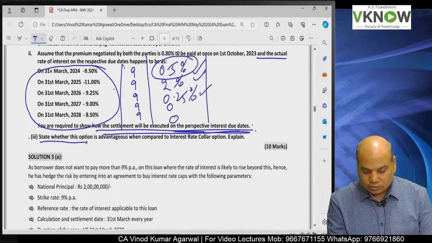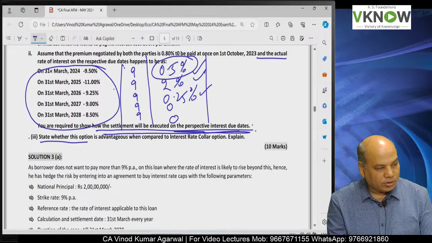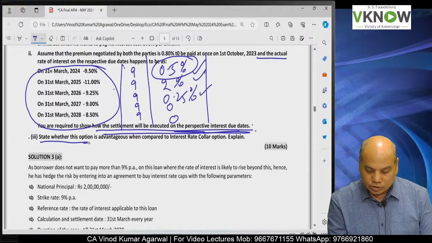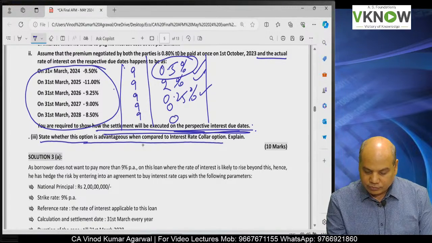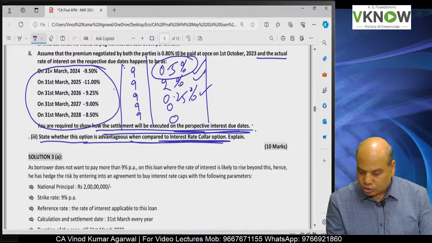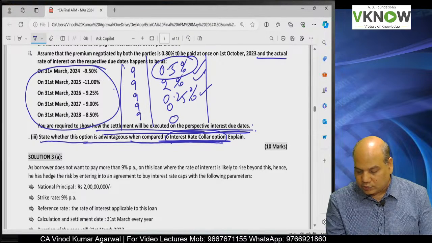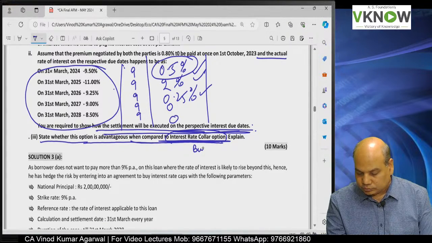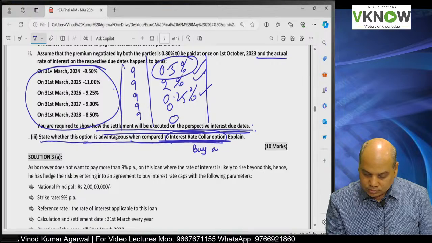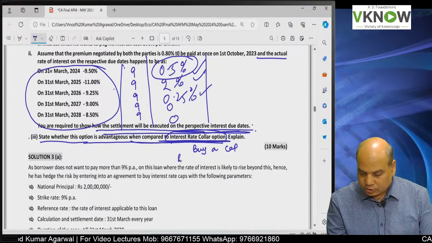Third question, theory question of the same problem: state whether this option is advantageous when compared to interest rate collar option. In interest rate collar option, you buy a cap and you sell a floor.